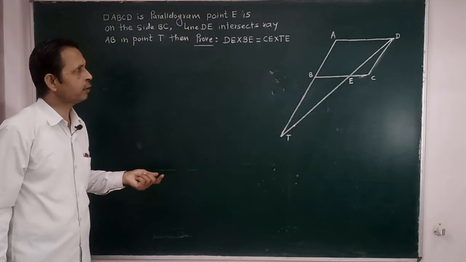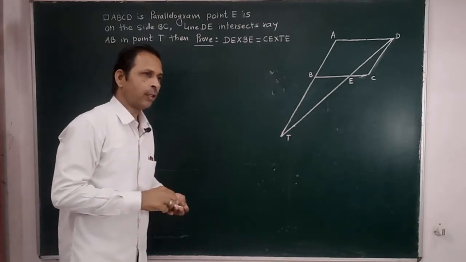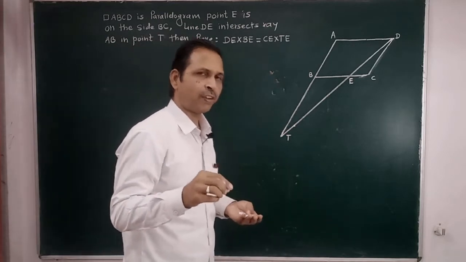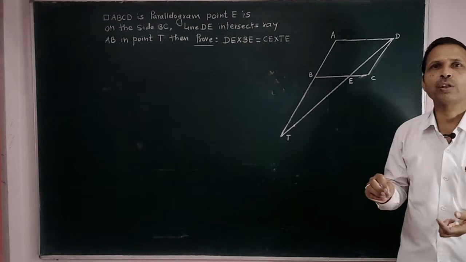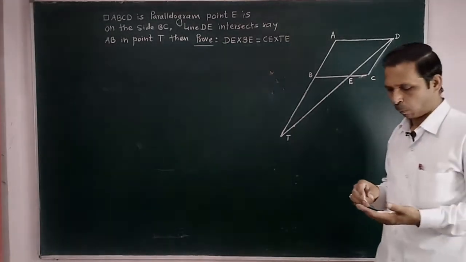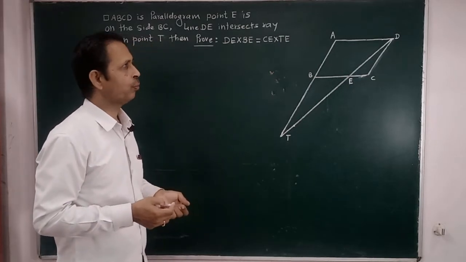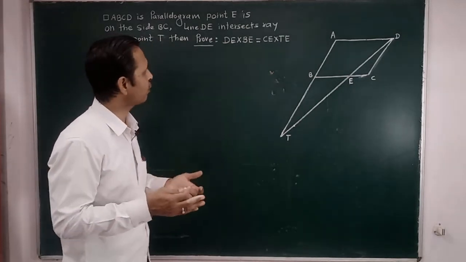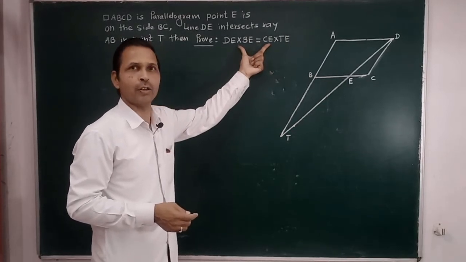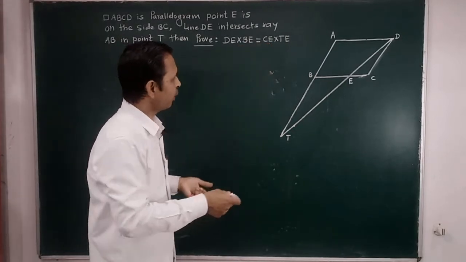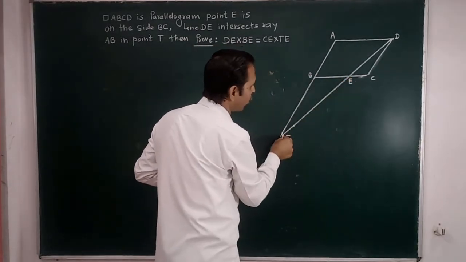Now to prove this, we have to select two triangles, and after taking these two triangles, we have to show that they are similar. The sides of the triangles are given in the statement to prove, and BE is one of the sides and TE is one of the sides.